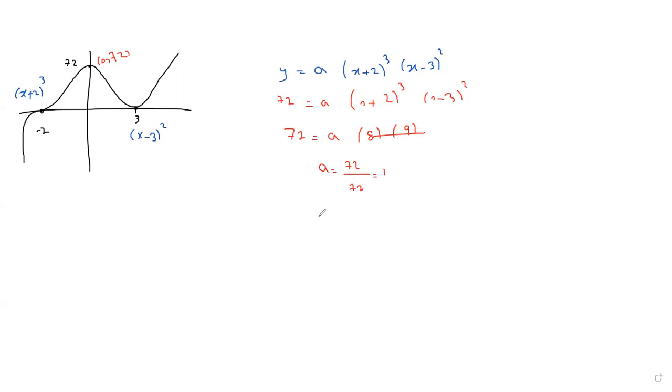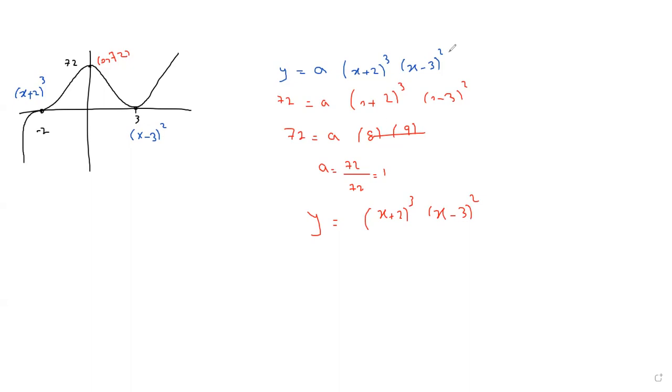Then you need to rewrite your equation. Since a is 1, you don't need to write it, or you can put 1. So y equals x plus 2 to the power of 3 times x minus 3 to the power of 2. This is the equation of this graph.